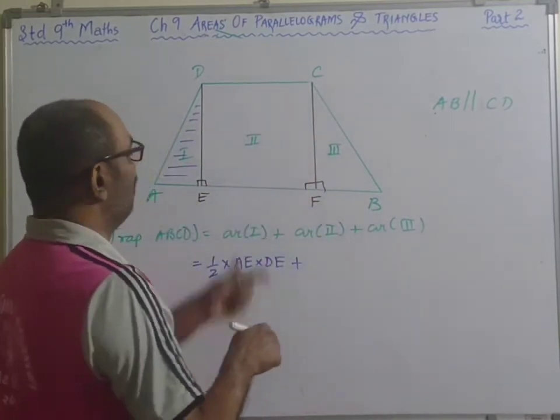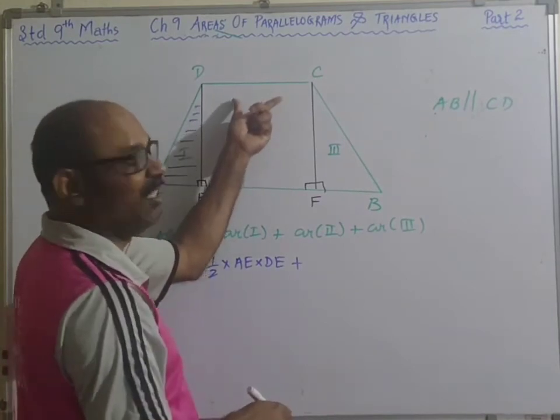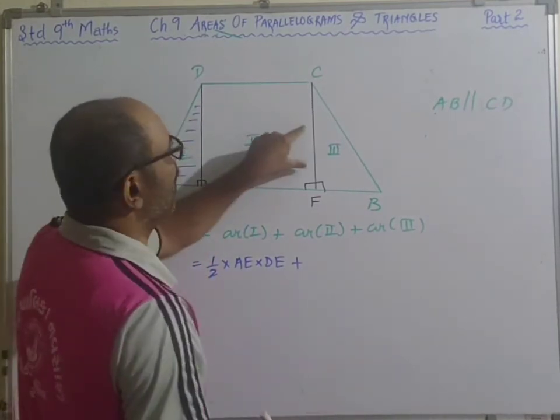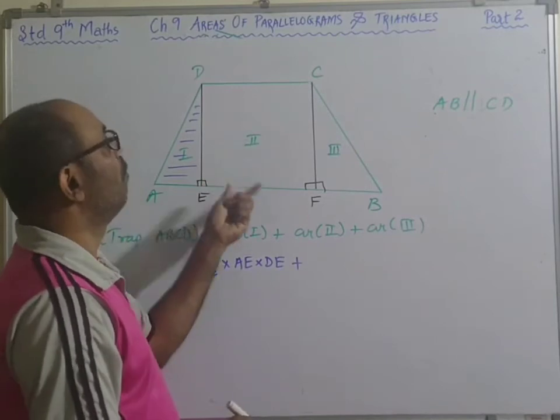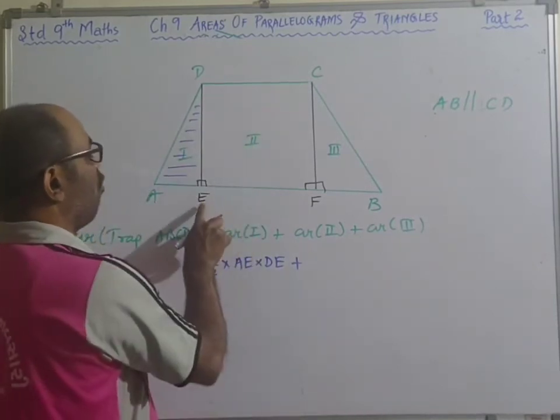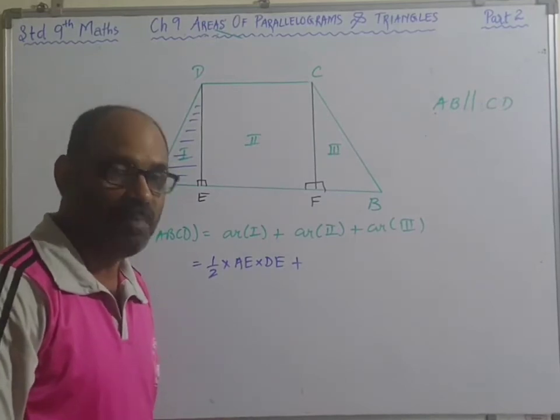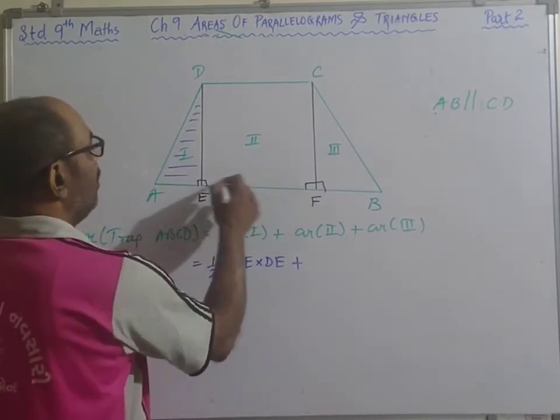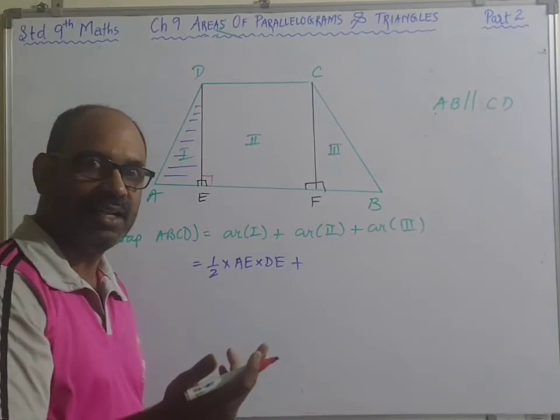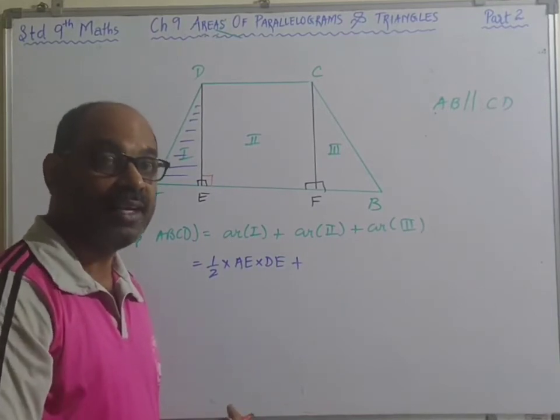So they are also parallel. So EF is parallel to CD and DE is parallel to CF. So both the pairs of opposite side for quadrilateral EFCD are parallel. So it's a parallelogram. And in that, yes, one of the angle is right angle. That's enough. So it's a rectangle.